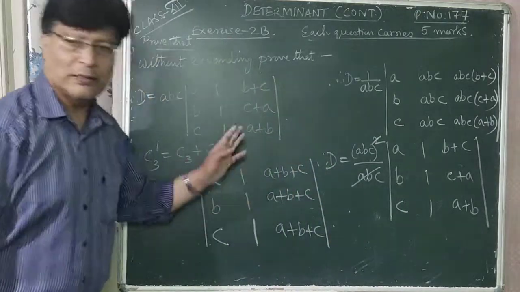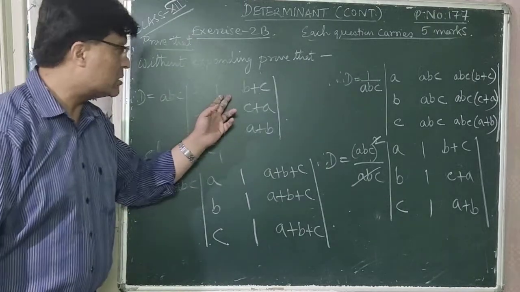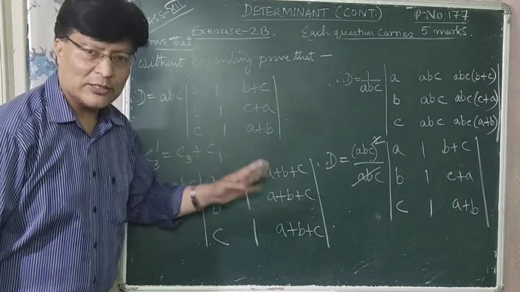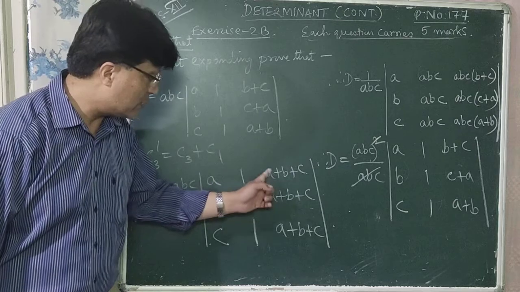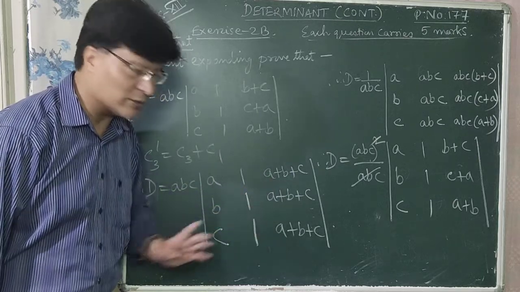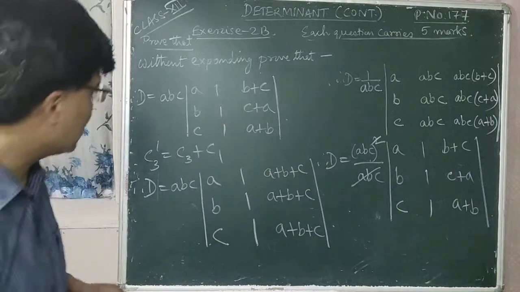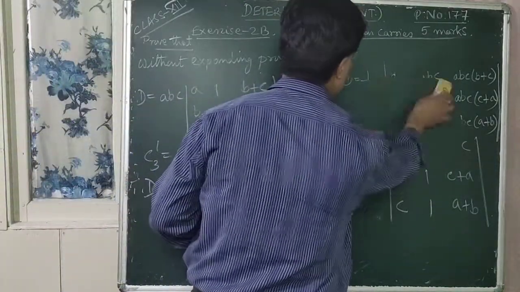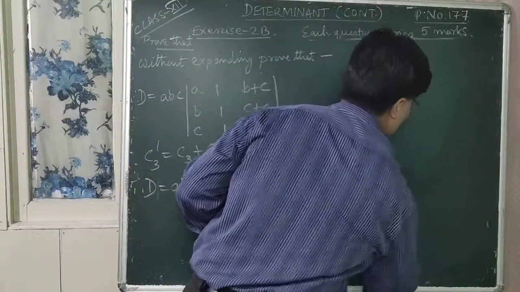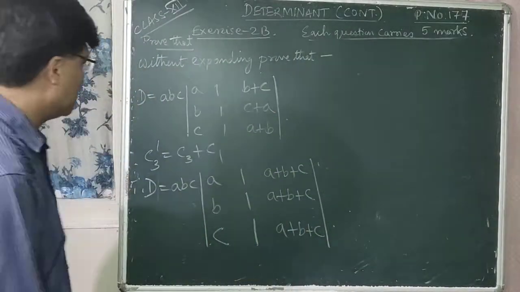So here the third column of this determinant is changed, that is A plus B plus C, A plus B plus C, A plus B plus C, but it is common there, isn't it? So you can take it outside the determinant now.